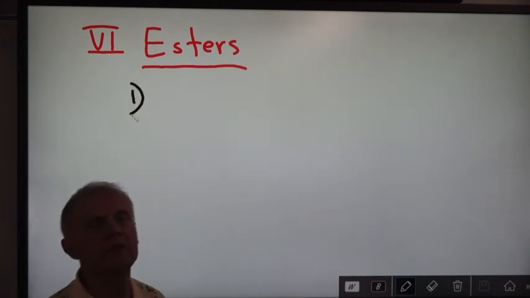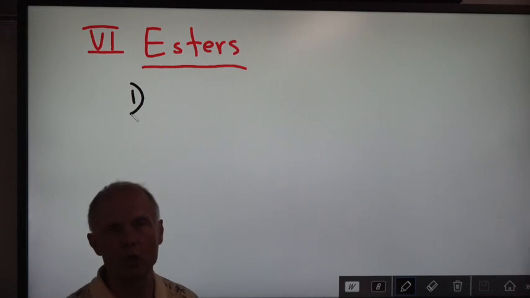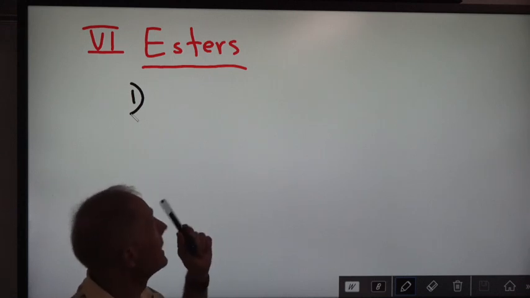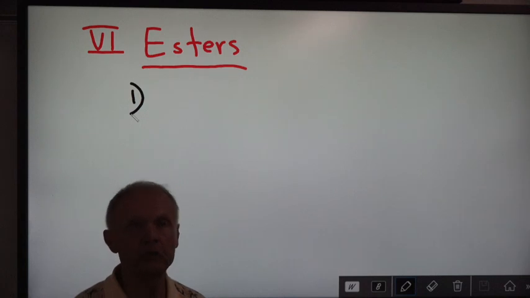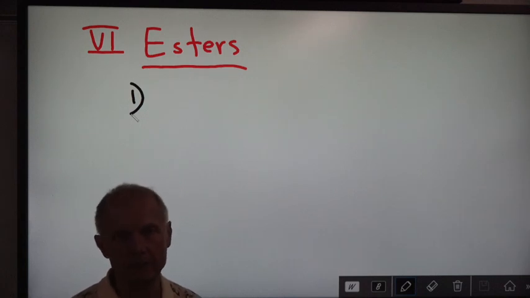So I'm not going to give you the call letters like COOH and CHO and OH. We have to figure them out. But in order to make an ester, we need two functional groups. So watch. These are the two functional groups we have to make.